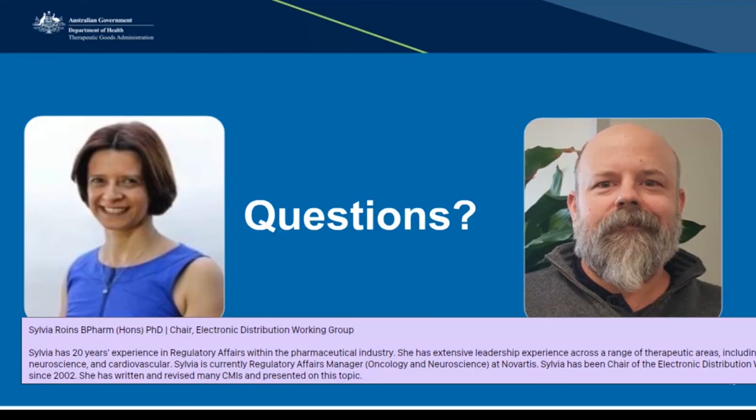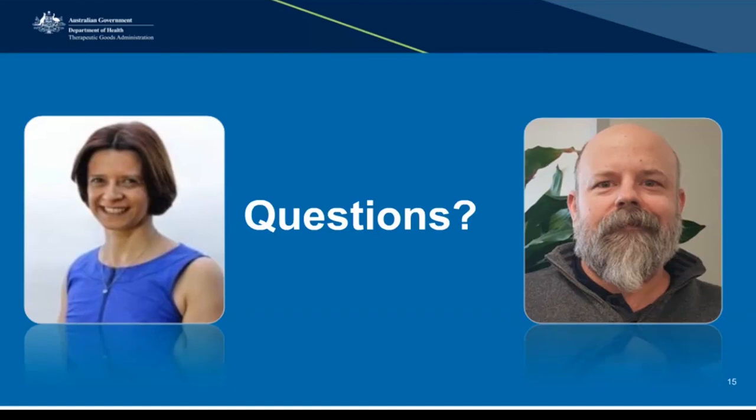Thank you, Avinash. At this point in time, there's no plans for any additional or extra reviewing or approving of CMIs than what has been happening as standard practice beforehand, in that if your medicine is subject to an RMP, a risk management plan, then it's possible that the content of the CMI would come under a little bit more review by the TGA.